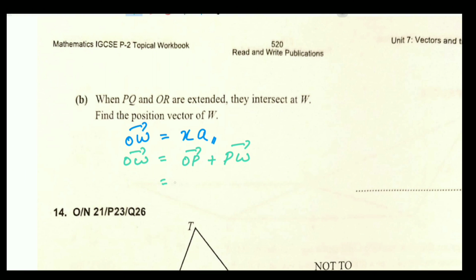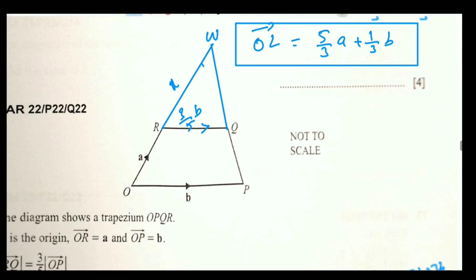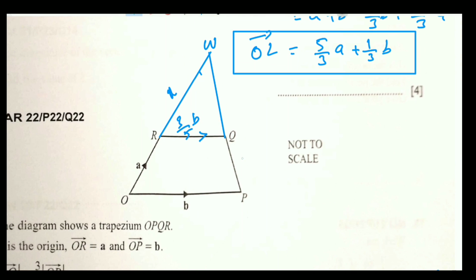OP as it is, and PW. What is PW? PW is PQ plus QW.